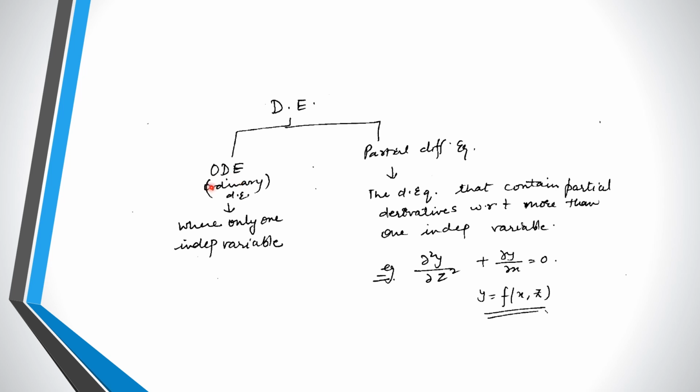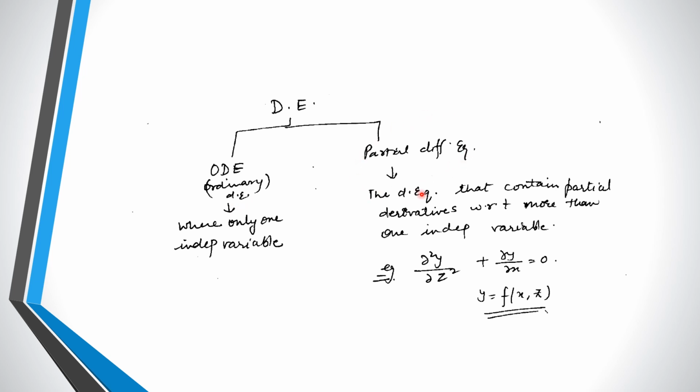So here we have simple, ordinary derivatives. So any differential equation which contains one independent variable, dependent variables and their ordinary derivatives is said to be an ordinary differential equation.